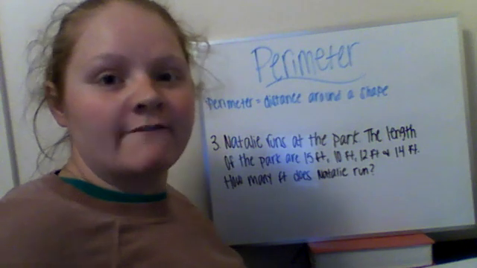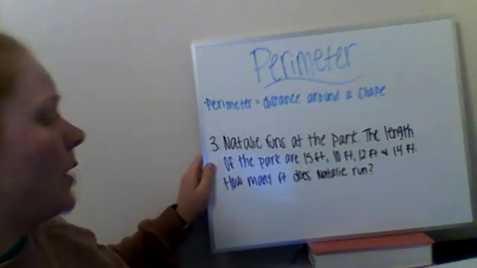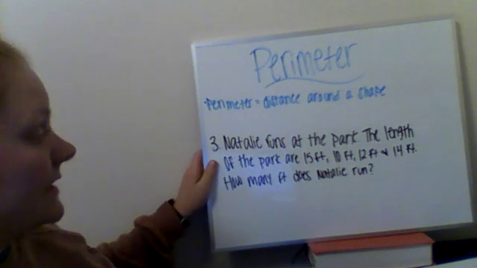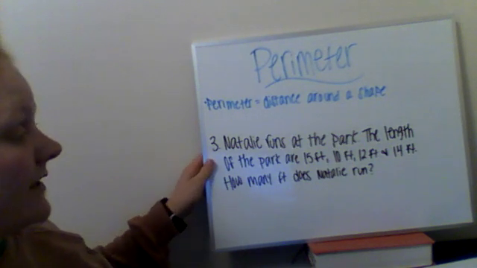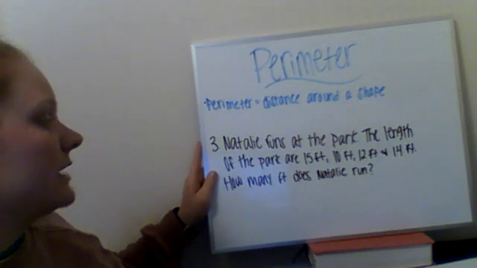All right, so if we look at our last word problem, Natalie runs at the park. The lengths of the park are 15 feet, 10 feet, 12 feet, and 14 feet. How many feet does Natalie run?